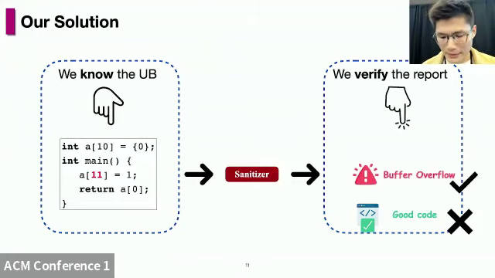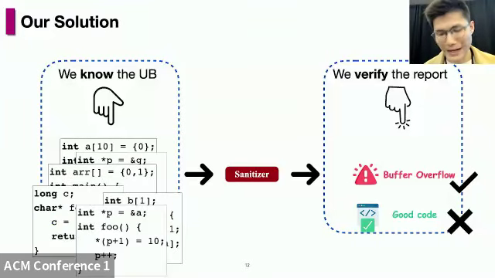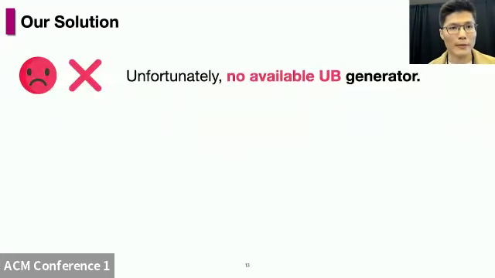The key to our framework is how to generate diverse programs that contain all kinds of these undefined behaviors. Unfortunately, there are no available program generators that can achieve this goal.